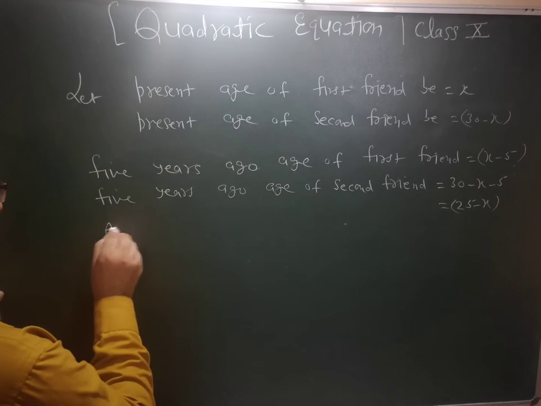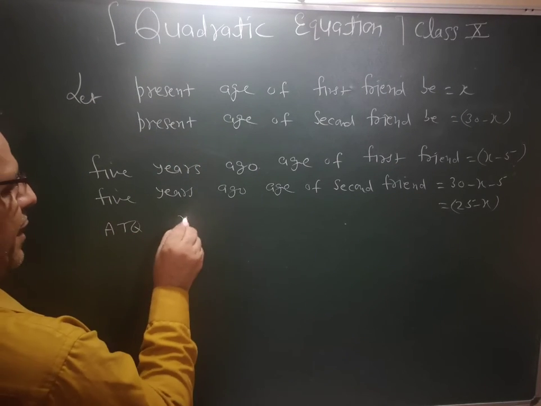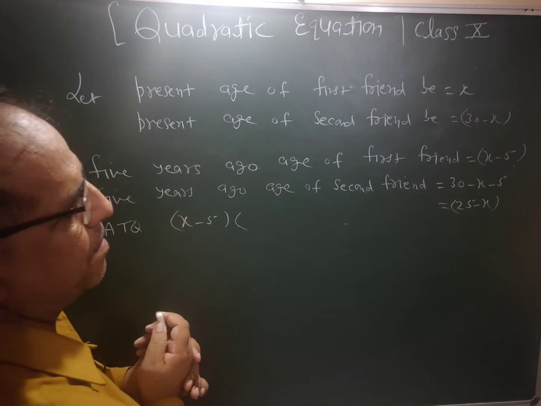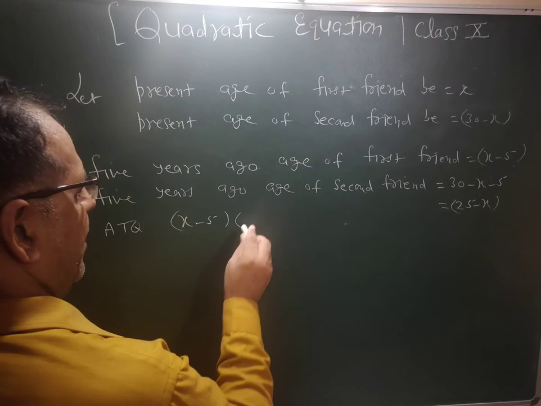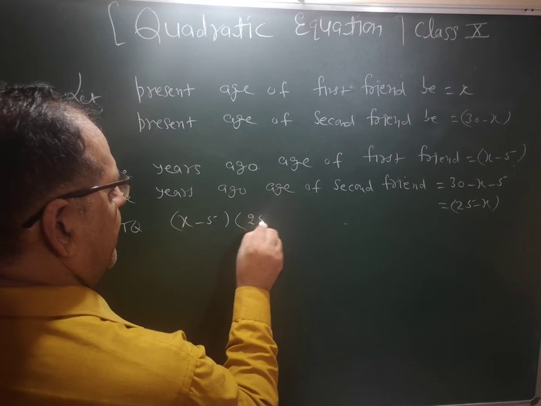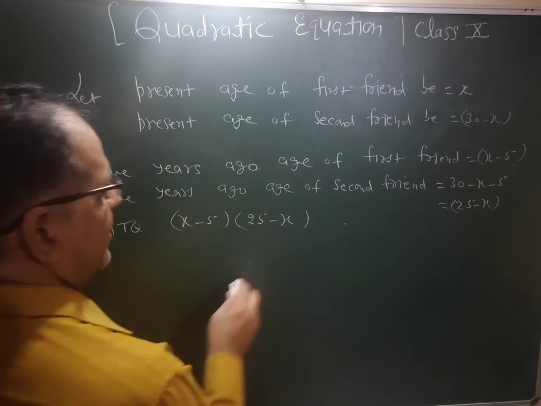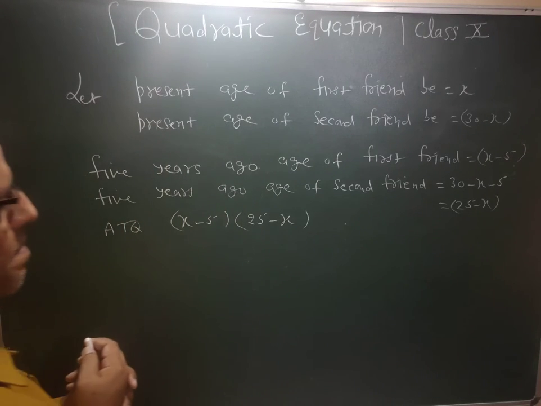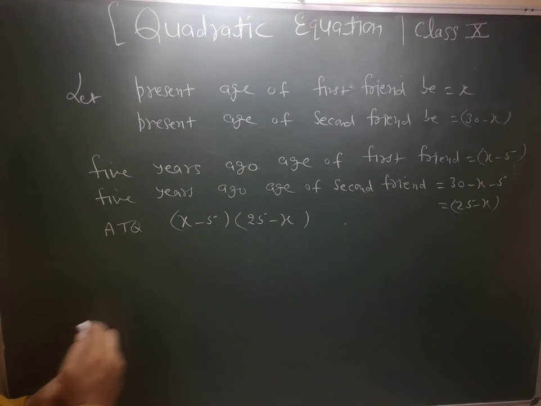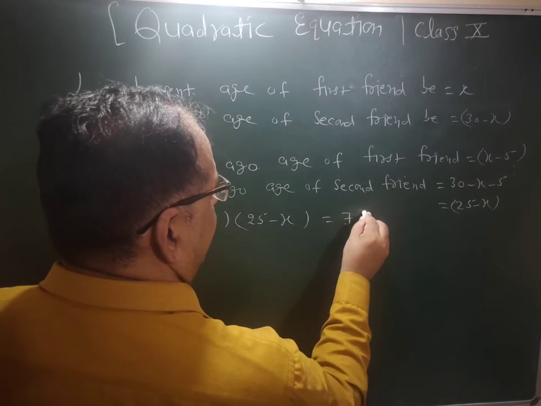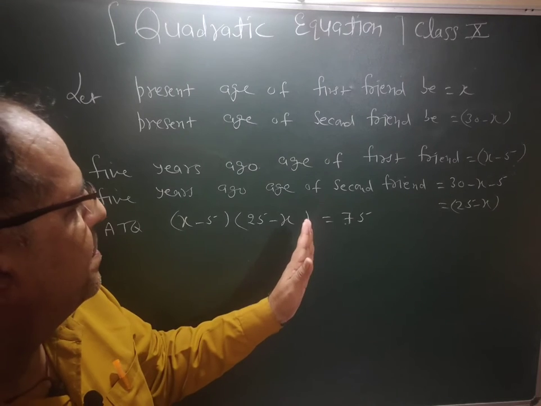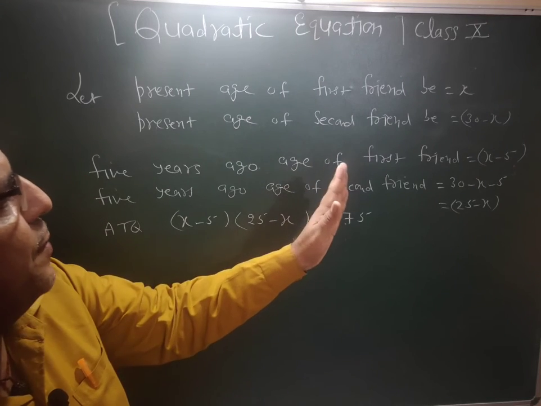So now according to the question, (X minus 5) into (25 minus X) equal to 75. I am repeating my question again.